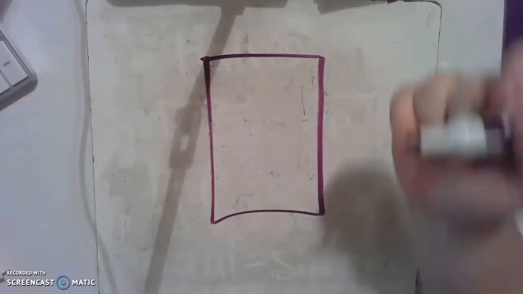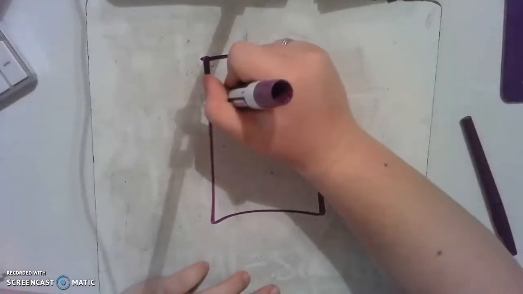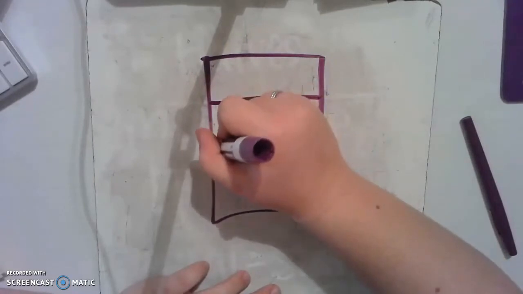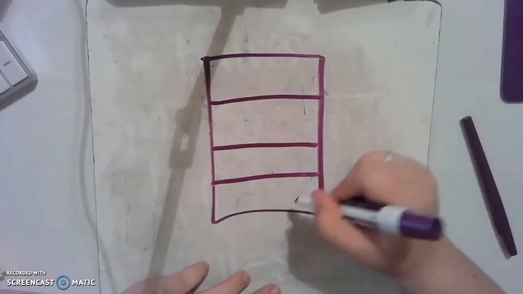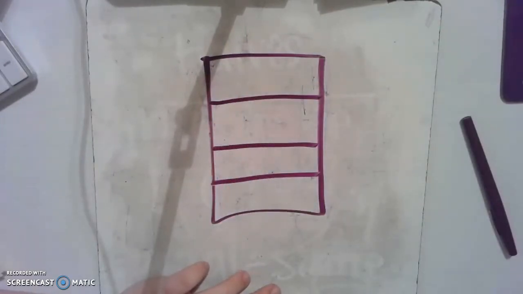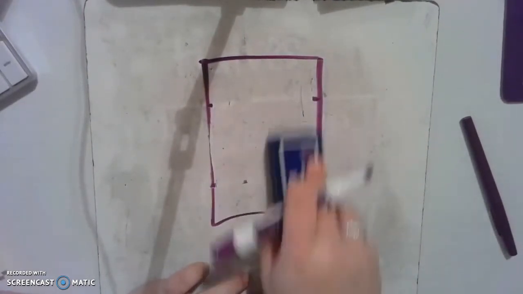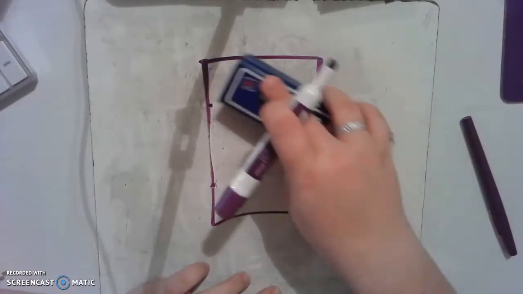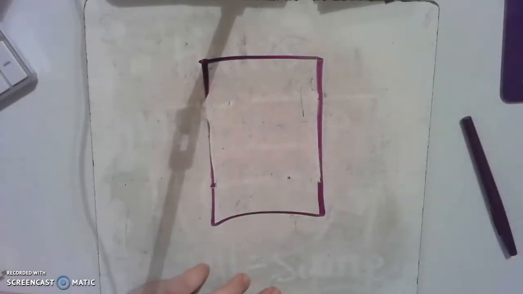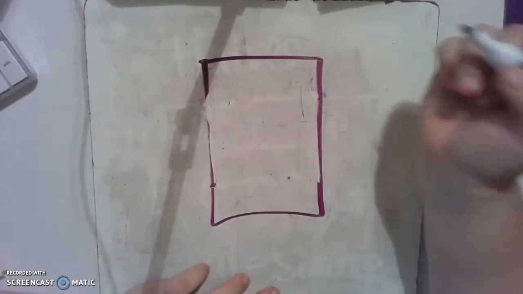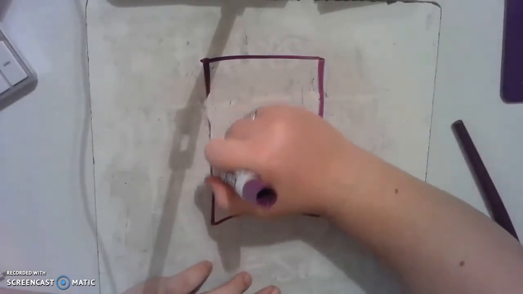For our rectangle, we can cut it a couple of different ways. We can first cut it like this, so there are four equal parts. Our lines aren't going to be exactly equal, because it's hard to do that without special tools, but we're going to try our best to make sure they're equal.